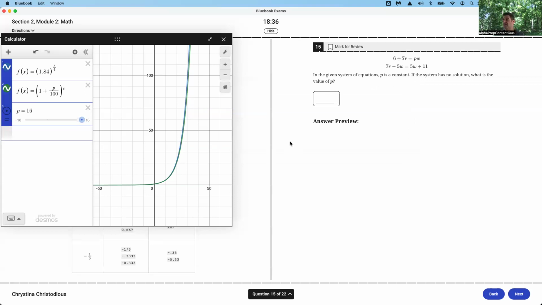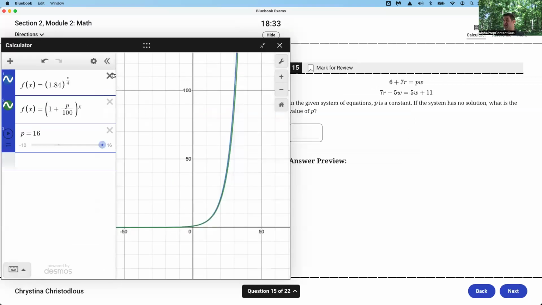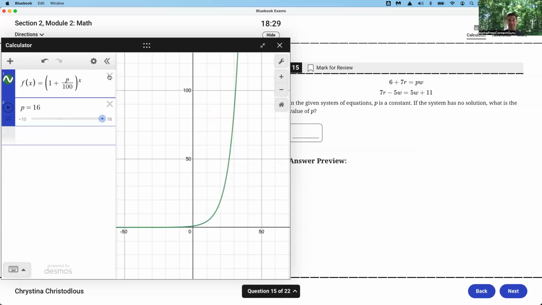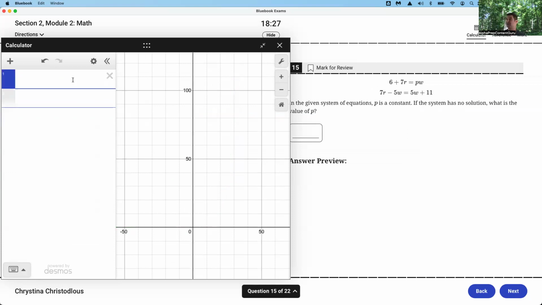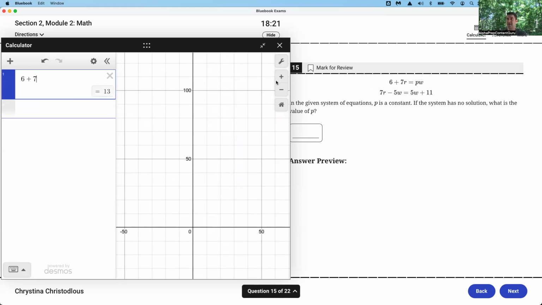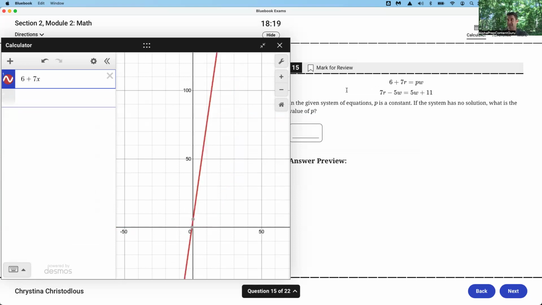I'm going to go like this. I've got a system of equations again. It's saying this system has no solution. No solution means that they never, ever cross each other. So I'm going to go ahead right now, and I'm going to go 6 plus 7. You know what? I'm going to make our x right now. Interesting. Watch what I do. I'm going to do x and y. And then it's asking for the value of p.